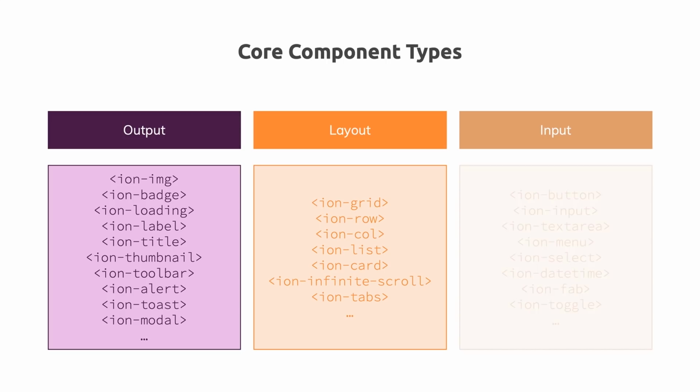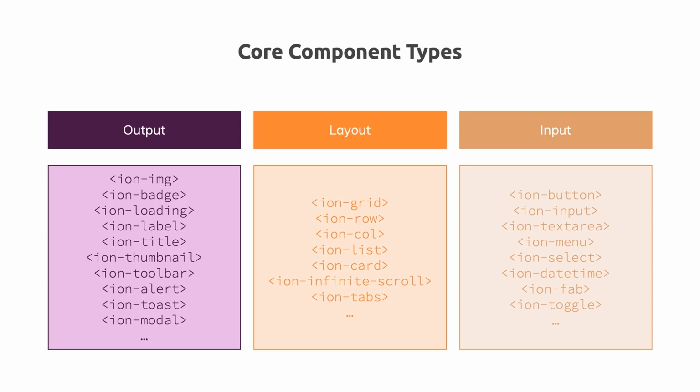And last but not least, input components like Ion Button, Ion Input, Ion Text Area. So all these components that mostly are there for the user to interact with, to type something, to click something, to tap a button. These are 3 important categories, and we had a look at elements from all these categories.